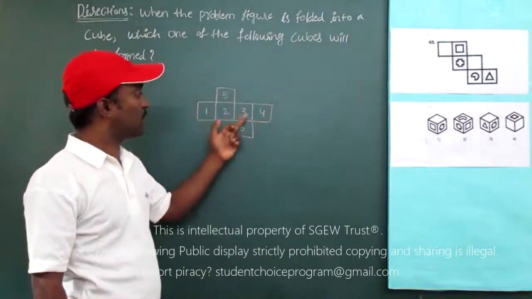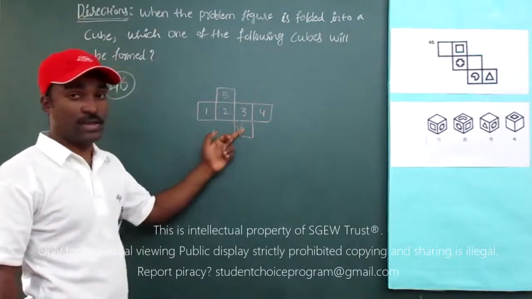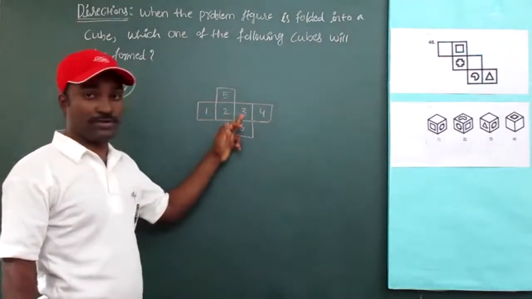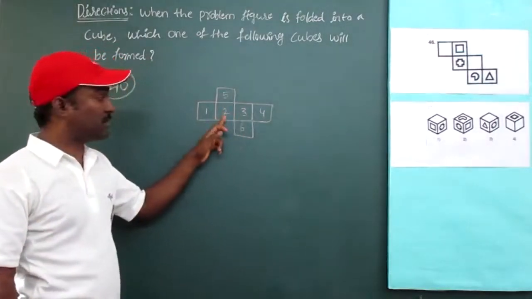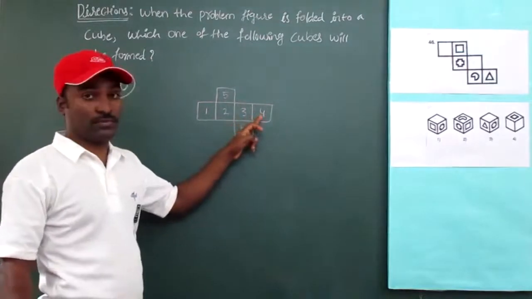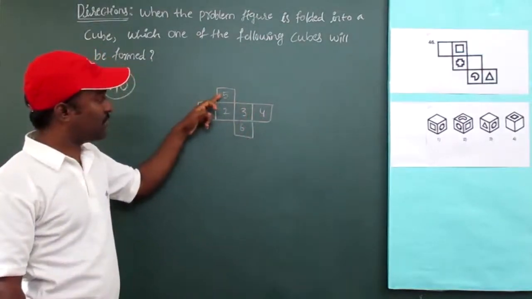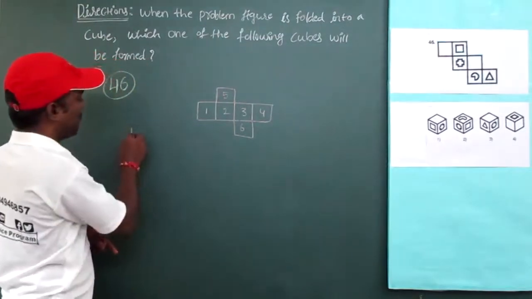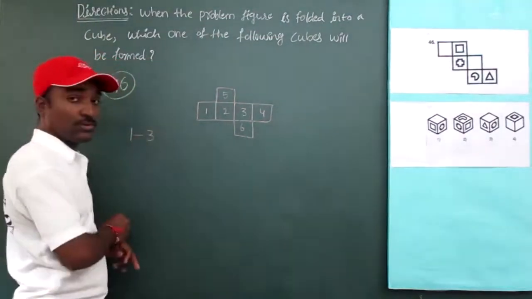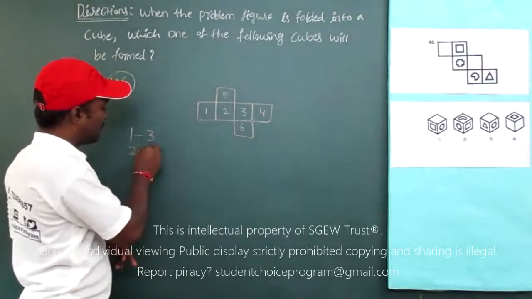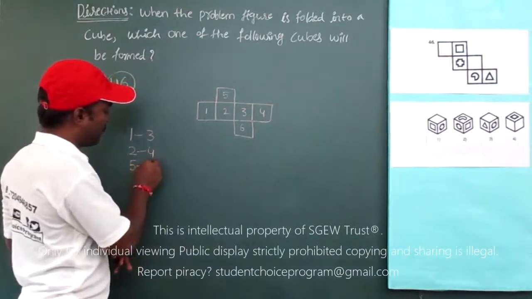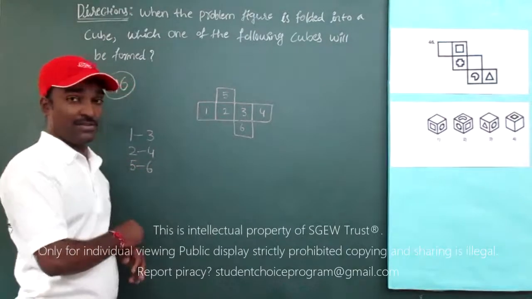And the first face is always opposite to the third face, and the second face is always opposite to the fourth face, and lastly the fifth face is opposite to the sixth face. So I will write here, first face is always opposite to third face, second face is always opposite to fourth face, and lastly fifth face is always opposite to sixth face.